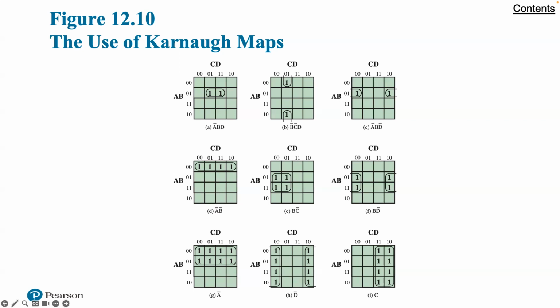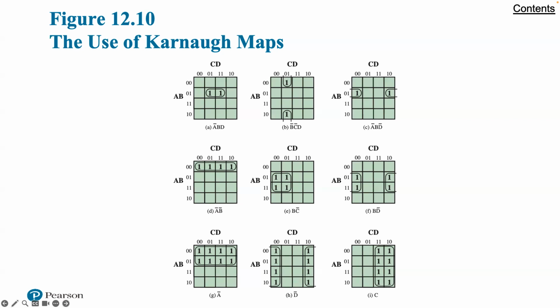For example, if a marked square combines with exactly 2 other squares and there is no 4th marked square to complete a larger group, then there is a choice to be made as to which of the 2 groupings to choose. When you are circling groups, you are allowed to use the same 1 value more than once.